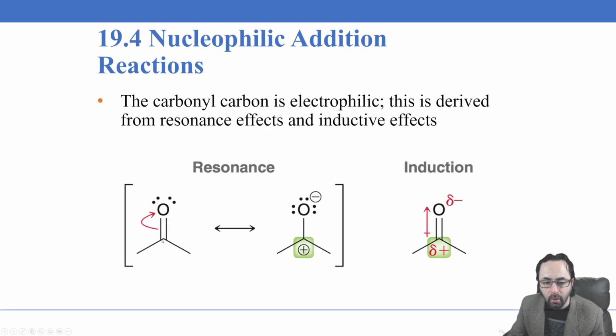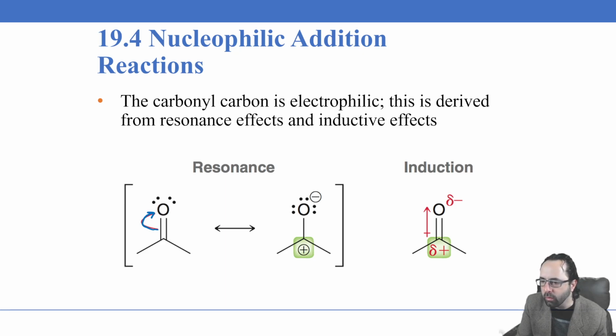When we have a carbonyl, we have a pi bond between two atoms of differing electronegativity, calling back to our five arrow-pushing patterns from Chapter 2. That was one of them, a pi bond between two atoms of differing electronegativity. The oxygen has greater electronegativity, so we could say that the pi electrons are spending a little bit more time on the oxygen atom. And this really represents the charge separation that we've got.